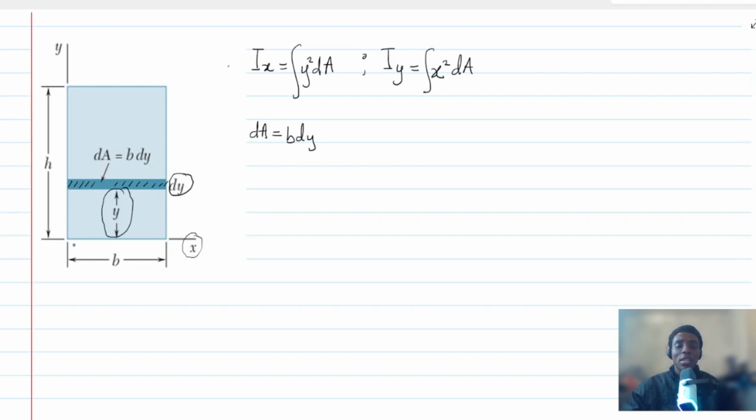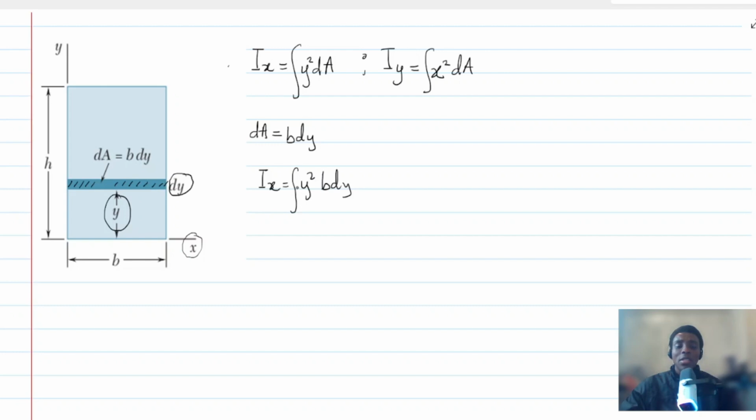So this y is the distance between the elemental area and the x-axis. Simply put, we can rewrite Ix as the integral of y squared b dy.